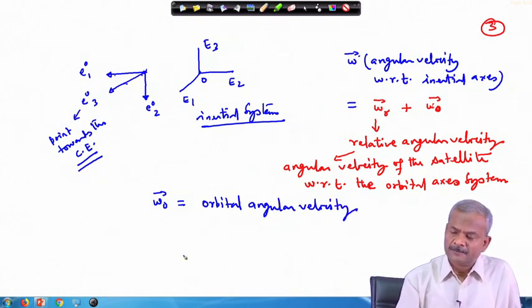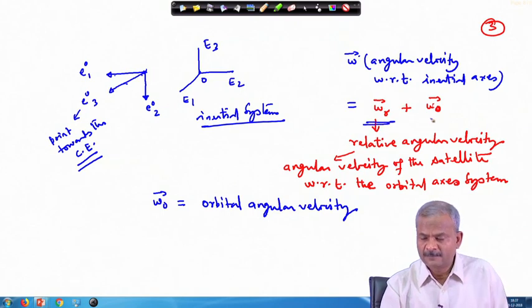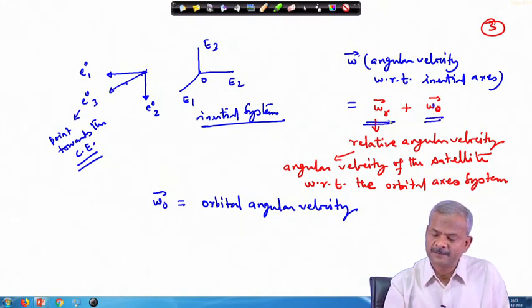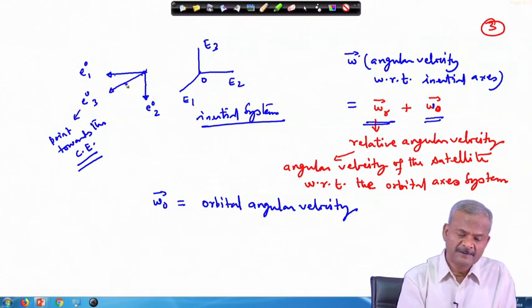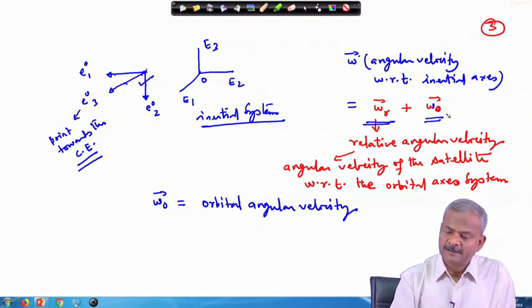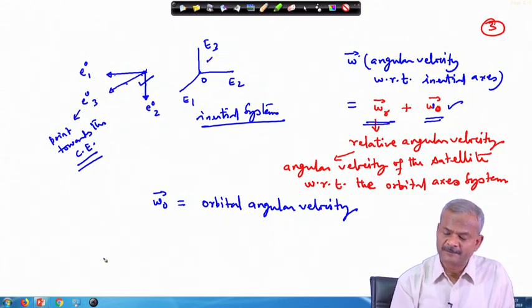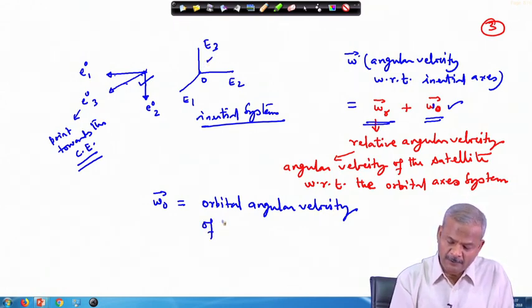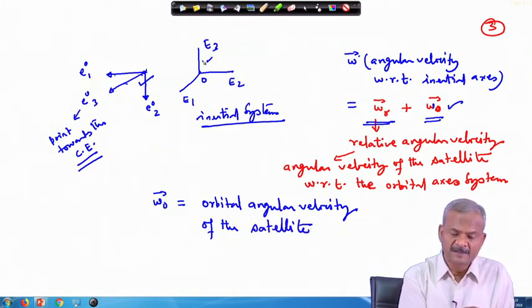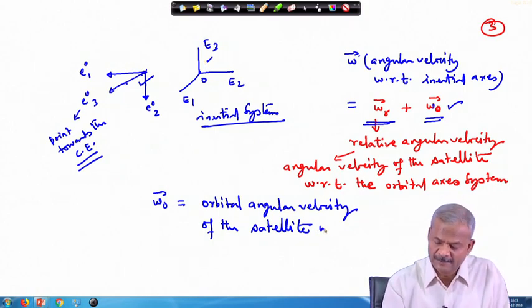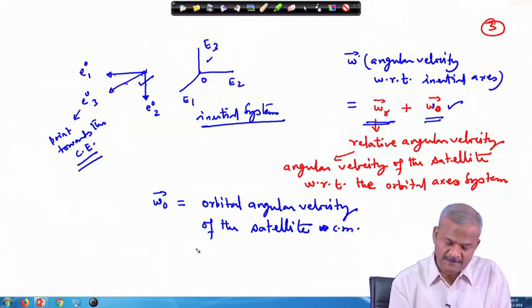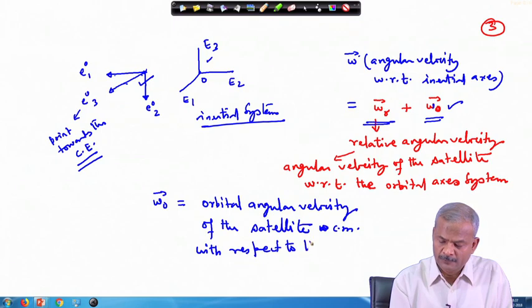That implies, if we vectorially add, we know that angular velocity can be added. So, if we vectorially add, it means this frame is rotating with angular velocity omega 0 with respect to the inertial frame. So, the orbital angular velocity of the satellite, that is, of its center of mass moving with respect to the inertial axis.